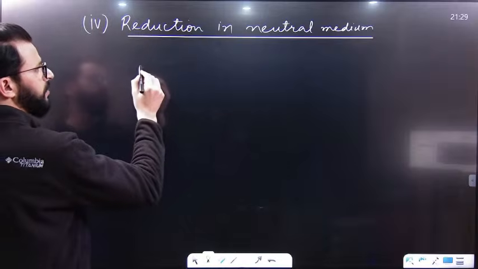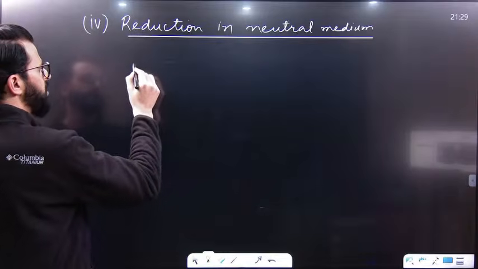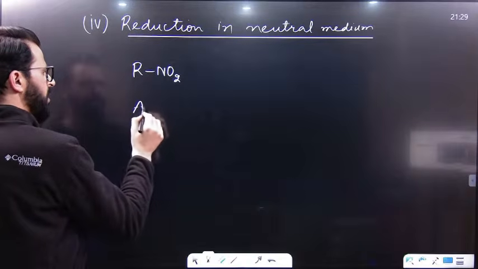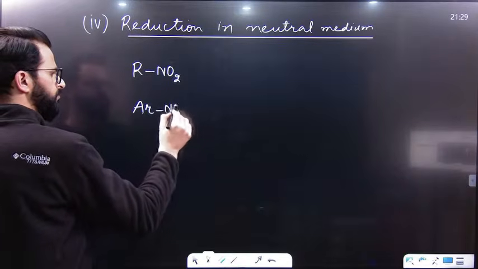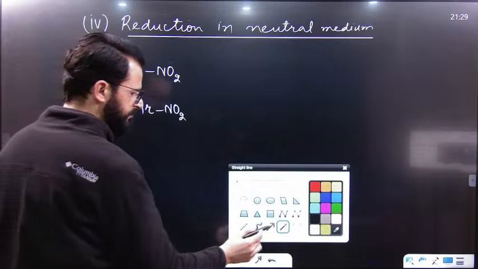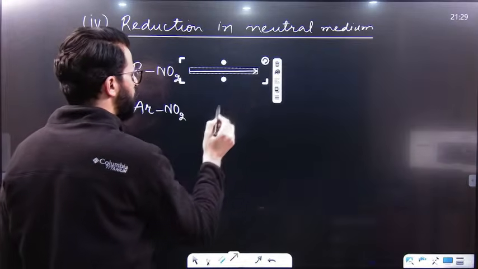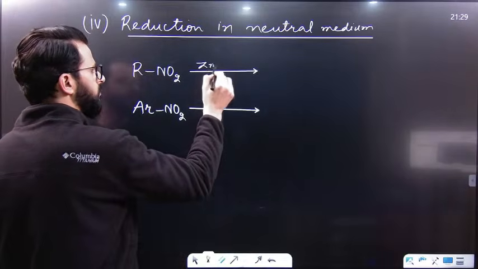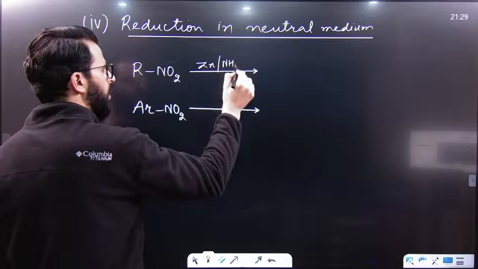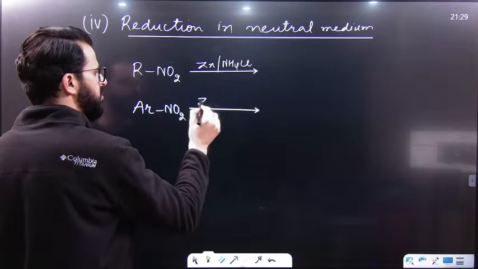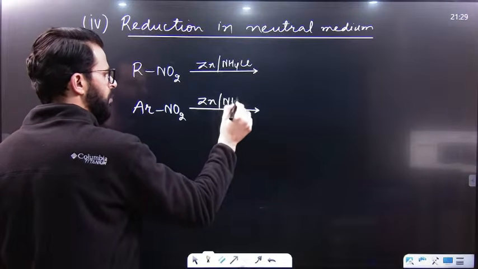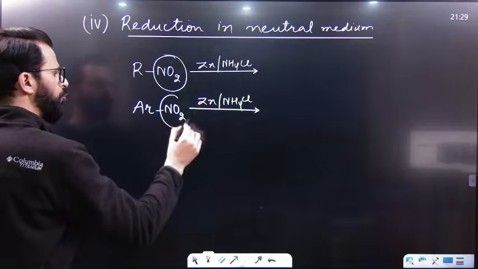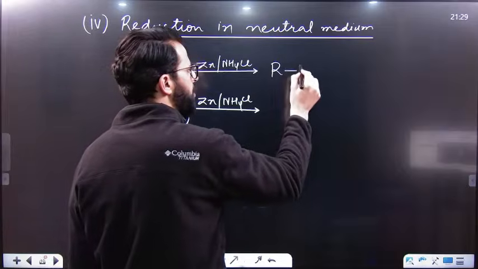If you are having an aliphatic nitro compound, or an aromatic nitro compound, and if this is treated with zinc and ammonium chloride, that means neutral medium, what you have to do is convert this NO2 into NHOH.